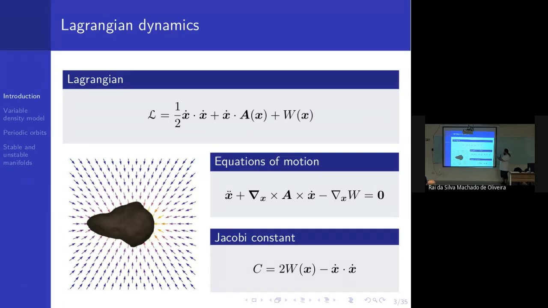So we obtain the equation of motions, and these kind of systems are conservative, okay, which means that this quantity here is preserved along the orbit, and it's called the Jacobi constant. Okay, but we need to know the expression for the gravitational potential of the asteroid, right? Because these are just equations in general.